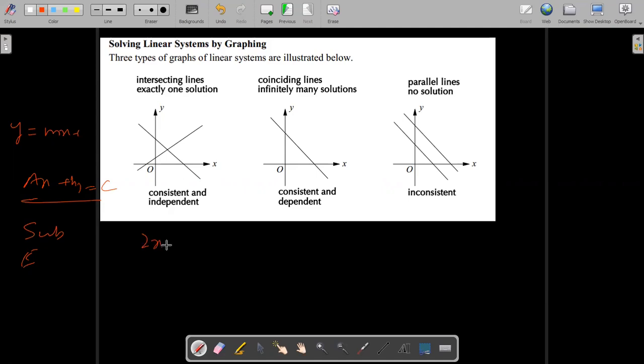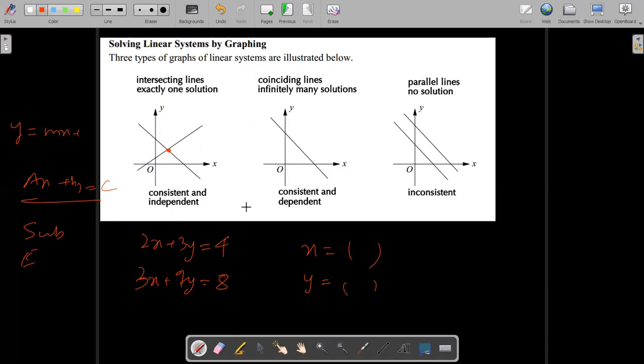For example, you're having the line 2x plus 3y equals 4, and 3x plus 7y equals 8. We can solve these two equations by either elimination or substitution, and we will get the values of x and y. Those values will be that point where these two lines meet. For example, in this first example, it will be this red dot here where these two lines meet.